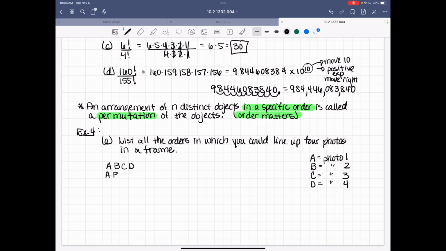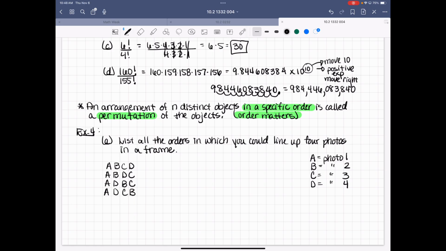So A, B, D, C, of course C has to move. And then A, D, B, C. Now I have an AD combo, so list the other AD combo: that'd be ADCB.